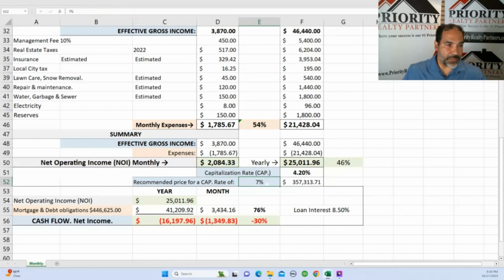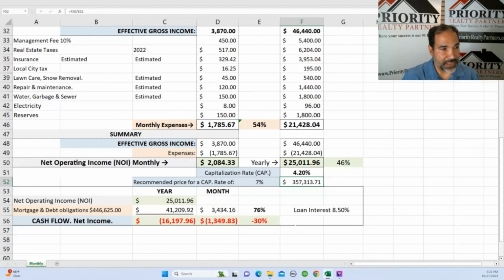If I want a 7% return, cap rate, on this investment, I will have to pay $357,313.71. I let the numbers tell me if this is a property I want to buy. The numbers are telling me right now, for a long time, no, I'm not gonna buy this property. I'm not gonna touch it at all.